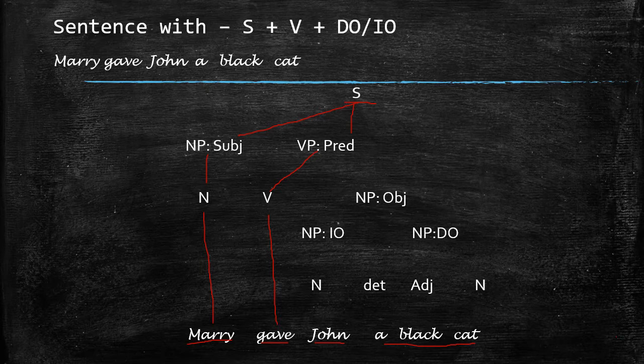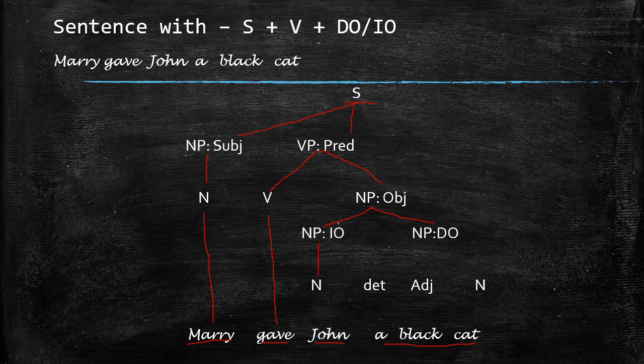And then we have NP as an object, and we have two kinds of objects, so we divide it into two again. It is NP as an indirect object and NP as a direct object. For the indirect object, we have John, so John is a noun.